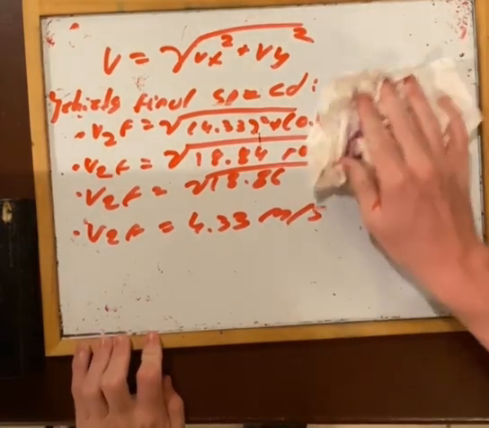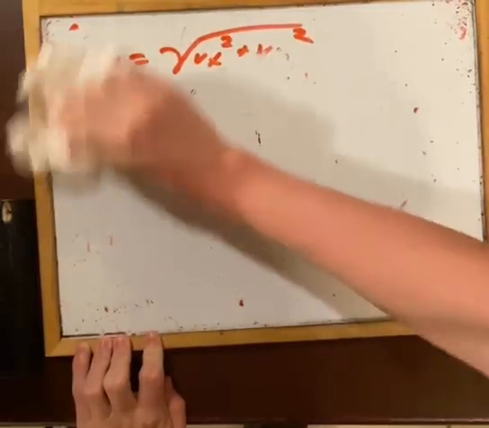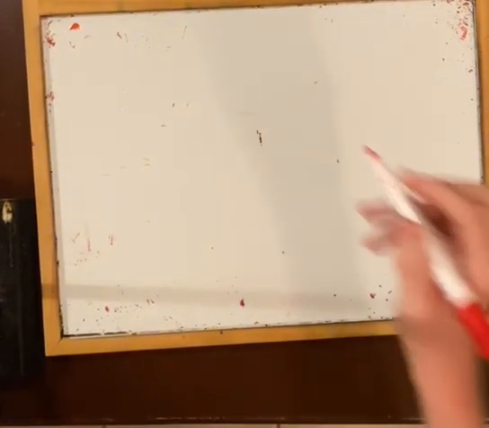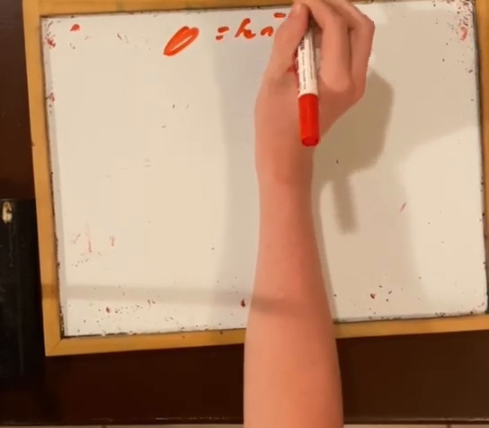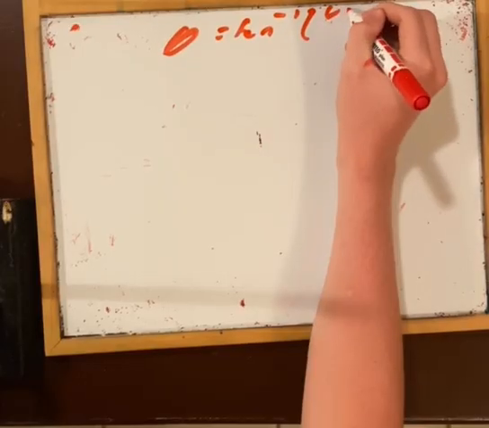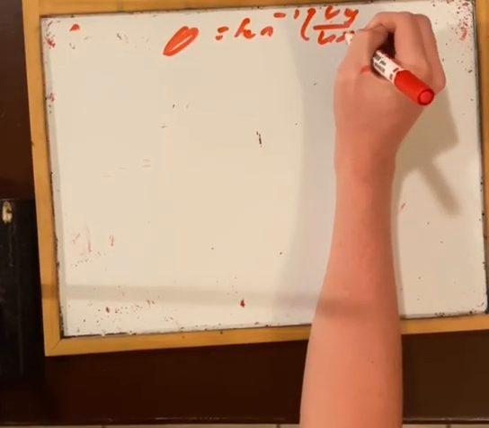Okay, so now I'll give you my final directions for Yari and Yehiel. My hand is hurting. This is the formula: angle equals tan inverse of Vy over Vx.